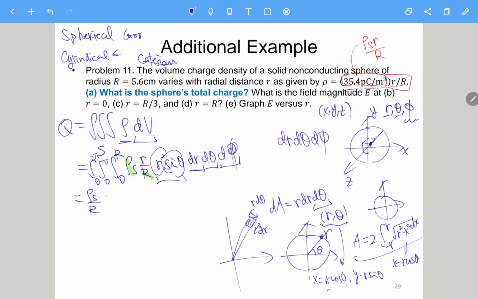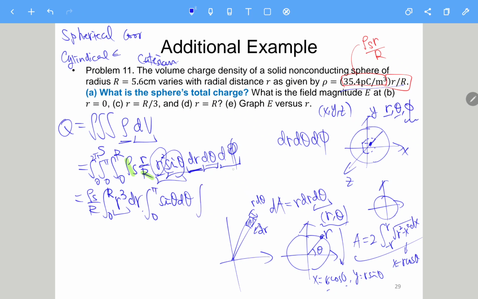So we have dr, and we put the function r inside. We have r times r squared, altogether r cubed, from 0 to capital R. So this integration is easy. And for the next one, d theta, we have sine of theta from 0 to pi.